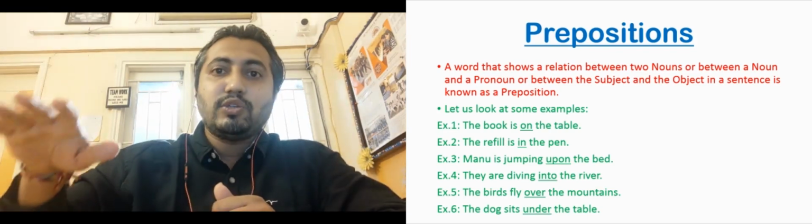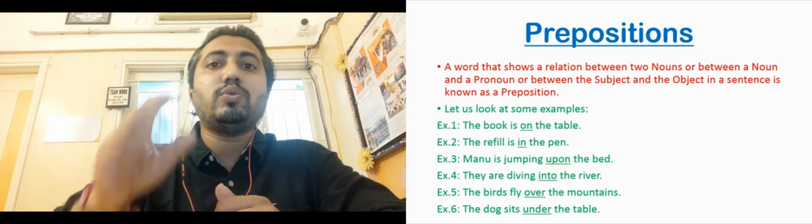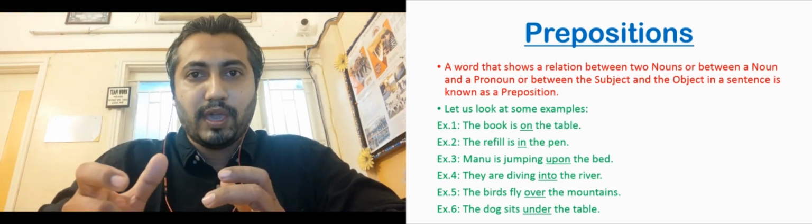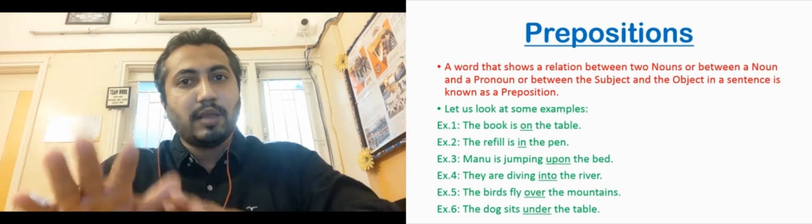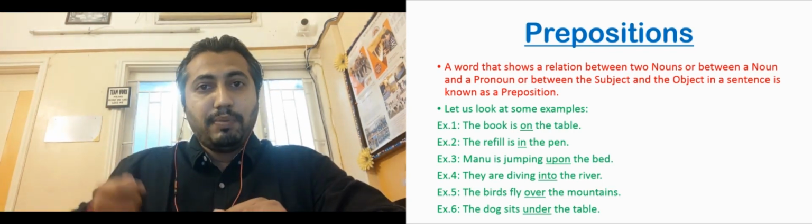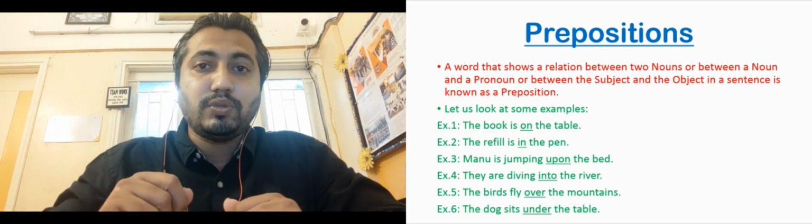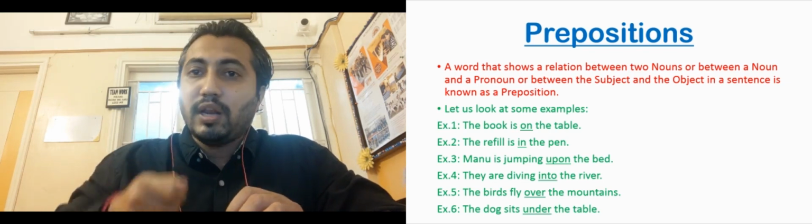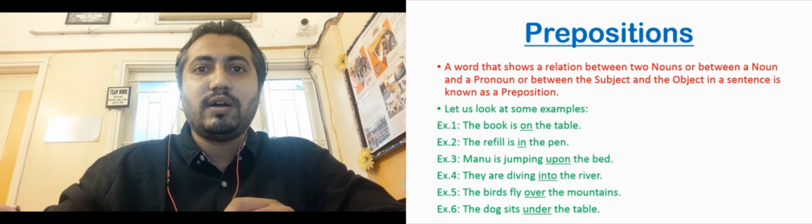So when something is coming on, we use the preposition upon. For example, the book is on the table means the book was already on the table. Suppose I am keeping the book on the table, which preposition am I going to use? I am going to use the preposition upon. I am keeping the book upon the table.